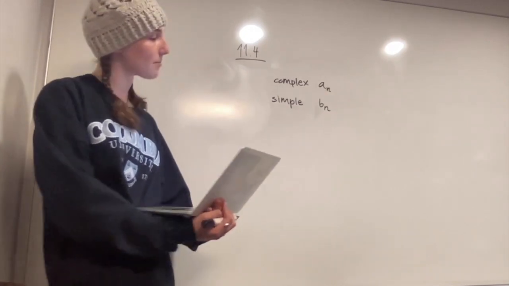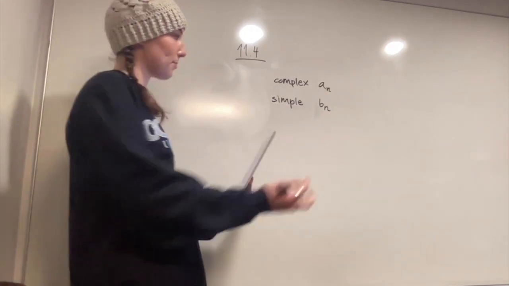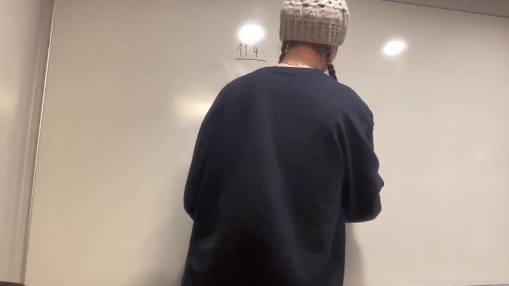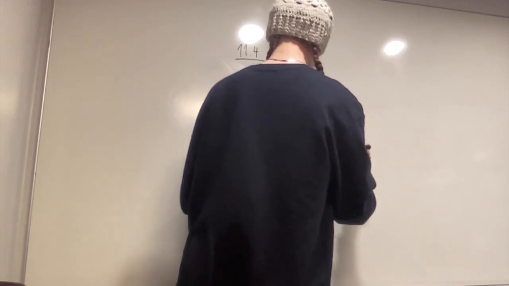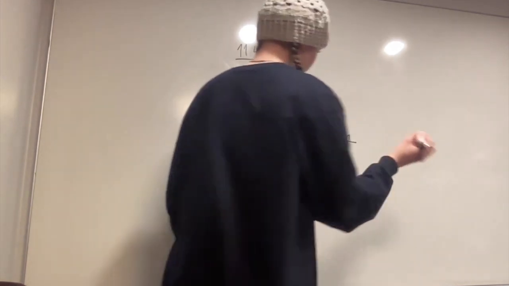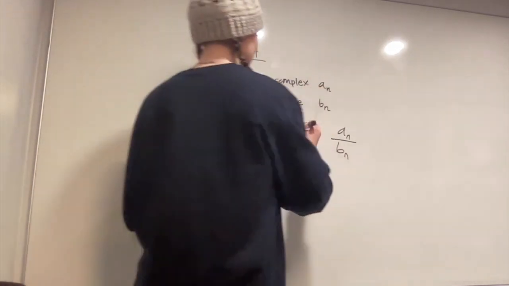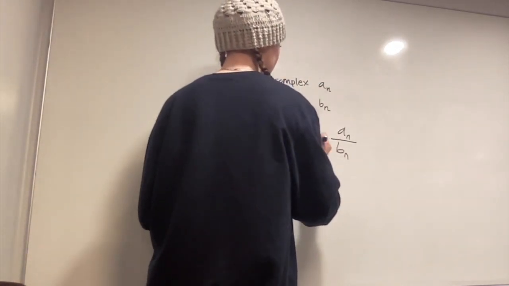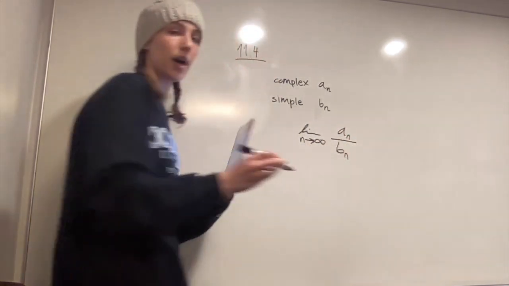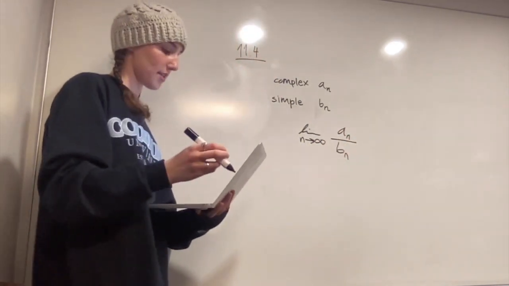In these cases, the limit test guides you to divide the complex series, a sub n, by the simple series that we're calling b sub n, and to take the limit as n approaches infinity. So limit as n approaches infinity of a sub n over b sub n.